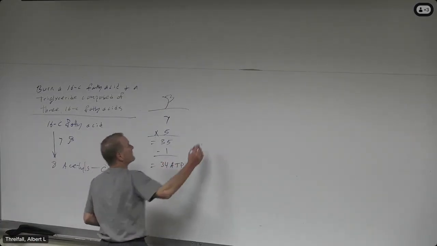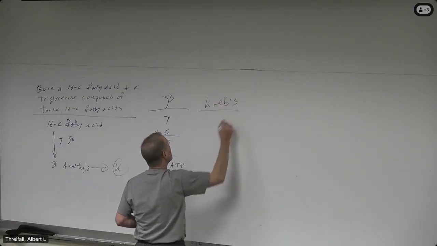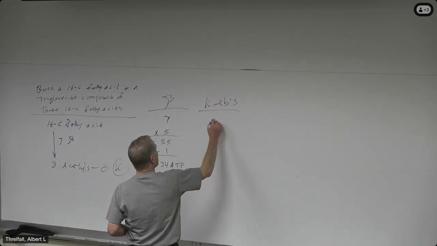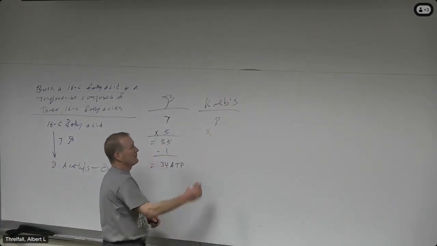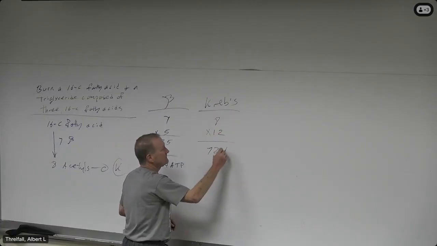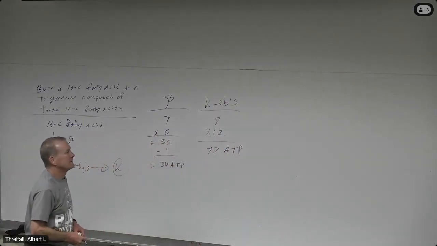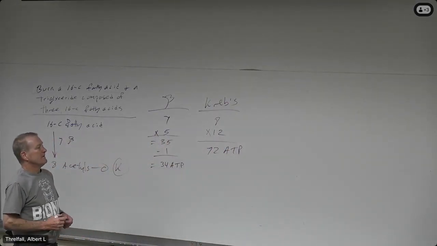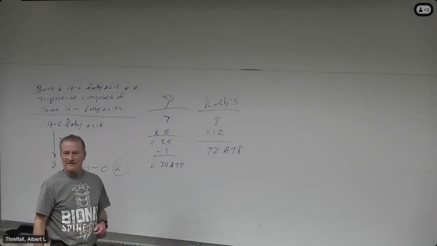All right, now the Krebs cycle. We have 8 Krebs cycles. What's each Krebs cycle worth? So what's 12 times 8? 96.